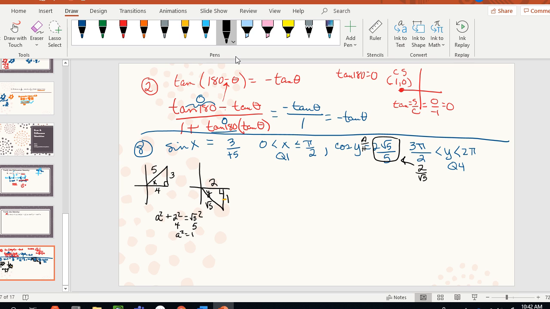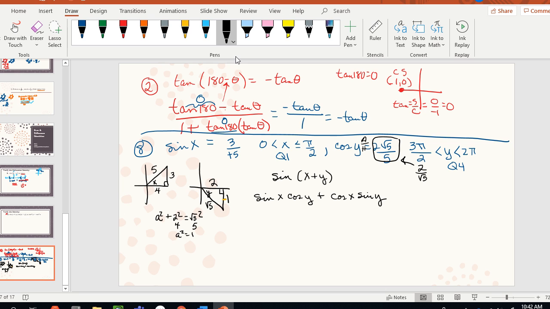Okay, so once I get this one, I have everything that I need. I'm looking for sine of x plus y. So to find sine of x plus y, I need sine x cosine y plus cosine x sine y.